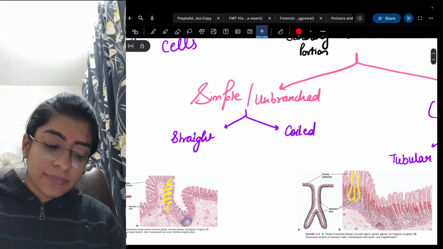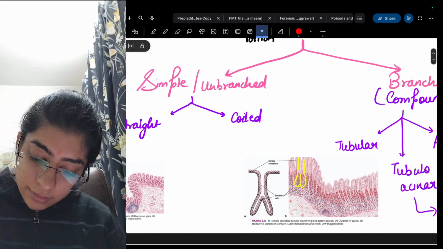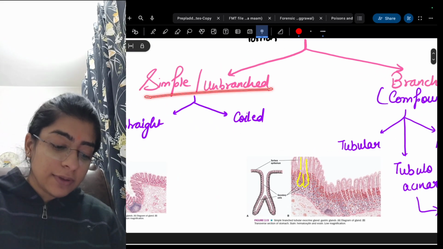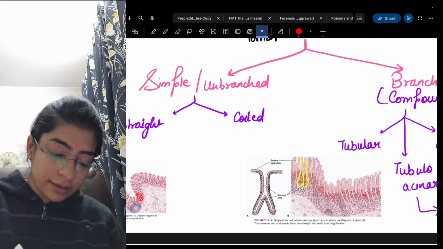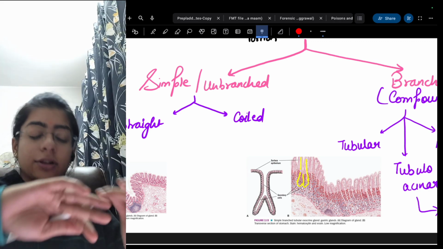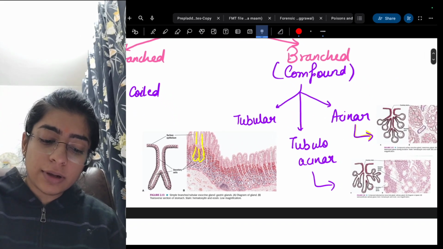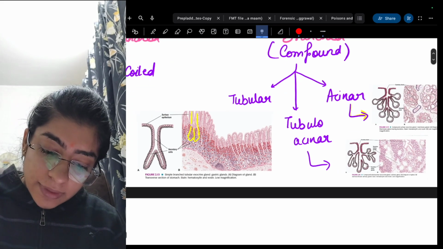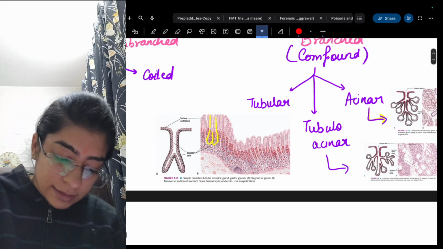Now if we say it is straight, we can also have something coiling. In simple unbranched, we can have this type of straight, and they can also be rounded and coiled structures. Now branched, in branch we are having compound: tubular, tubulo-acinar and acinar, right? So in tubular, this is the surface epithelium and these are secretory cells.